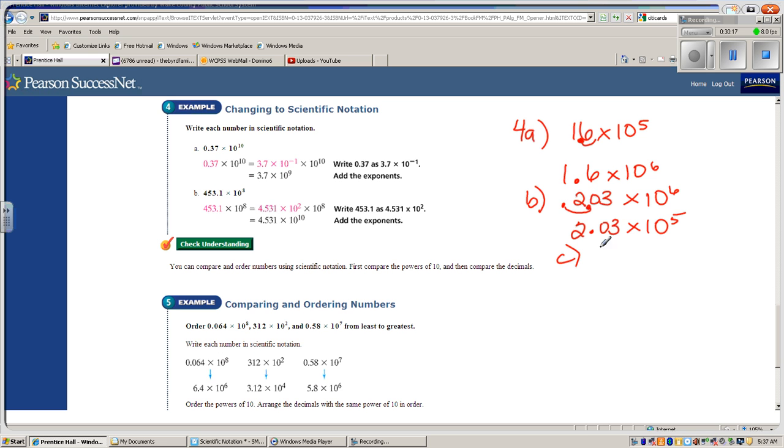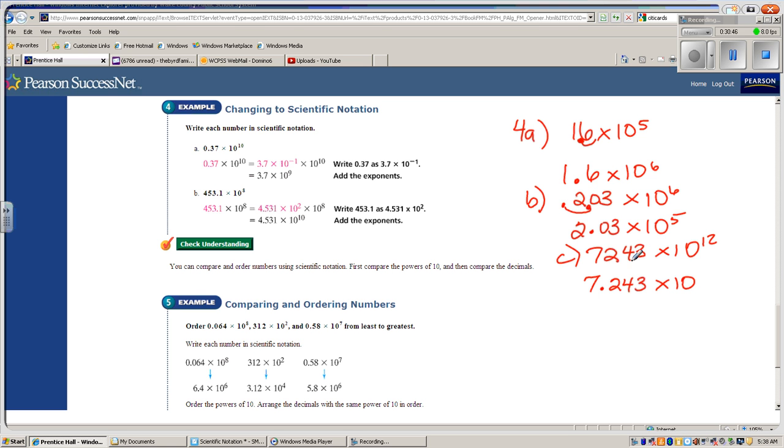Let's do C together. Here we're starting off with 7,243 times 10 to the 12th power. In order to make this number between 1 and 10, we would move our decimal place 3 units to the left so that this number becomes 7.243 times 10 to the what power?